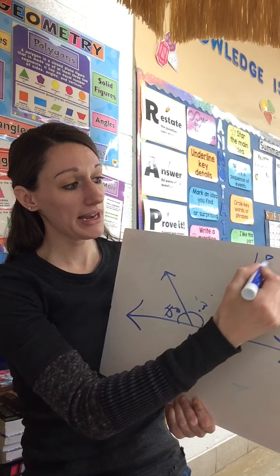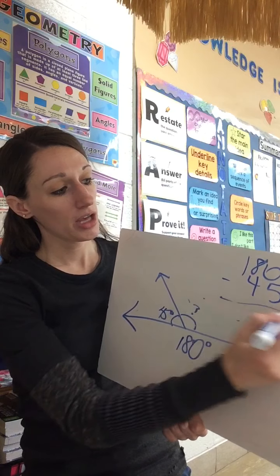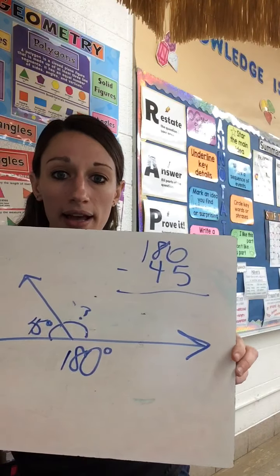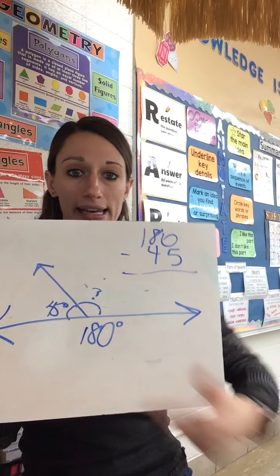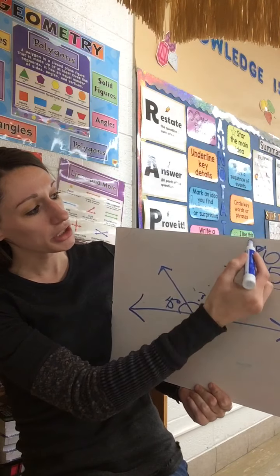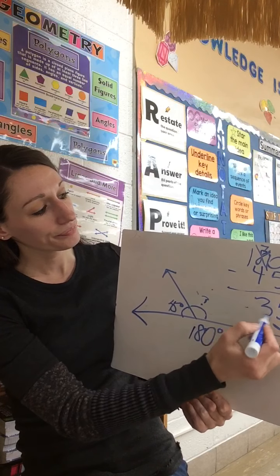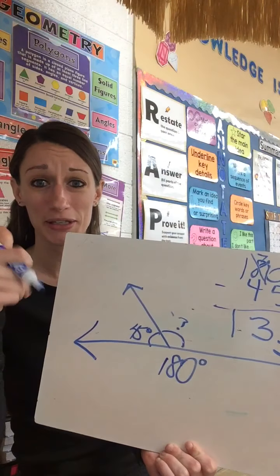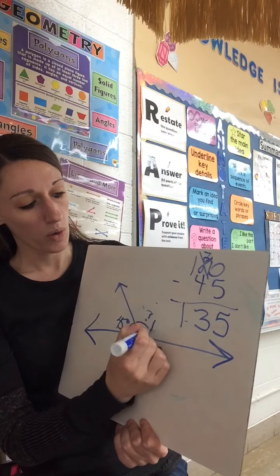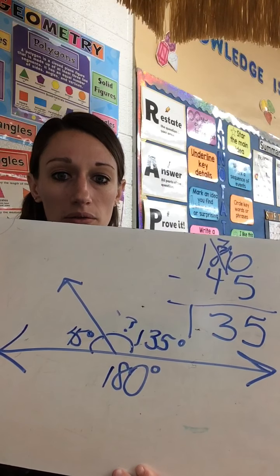If the total is 180 and the acute is 45, you have to subtract because we know this plus this equals 180. So using your subtraction, you would have to borrow and you would get an obtuse, good, my answer is more than 90, 135 degrees. Okay?